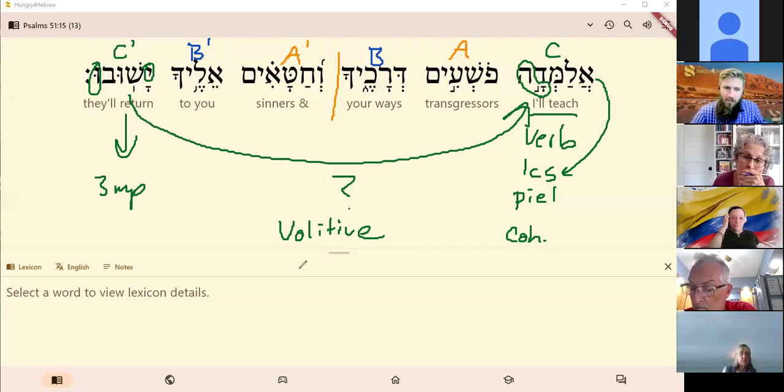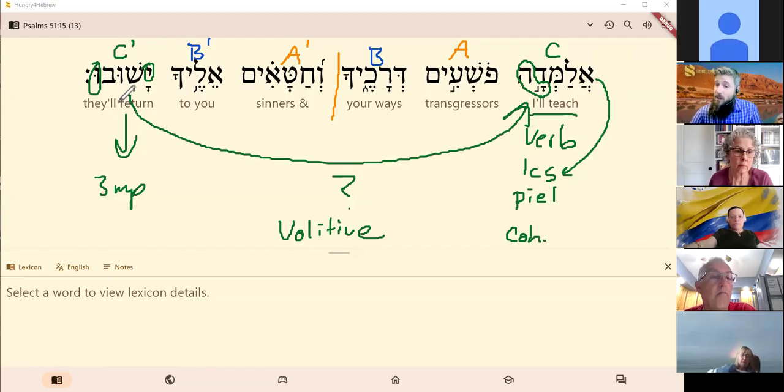So oftentimes the only way you can spot them is from context. So what I'm getting at is that if alamda is volative, I want to, let me, please, then there's a good chance that yashuvu should be translated as a volative as well.